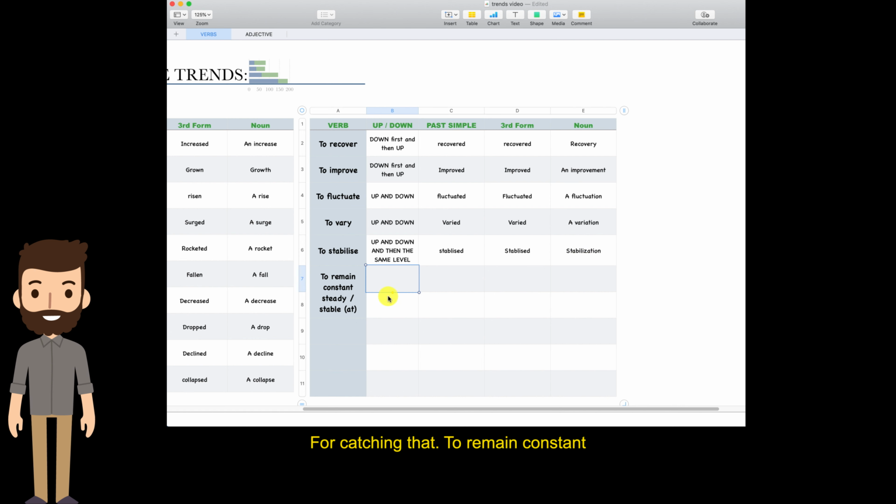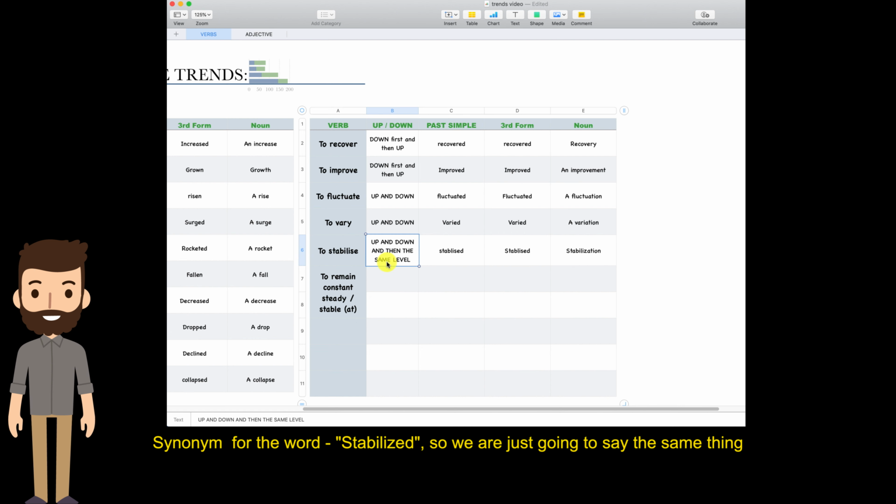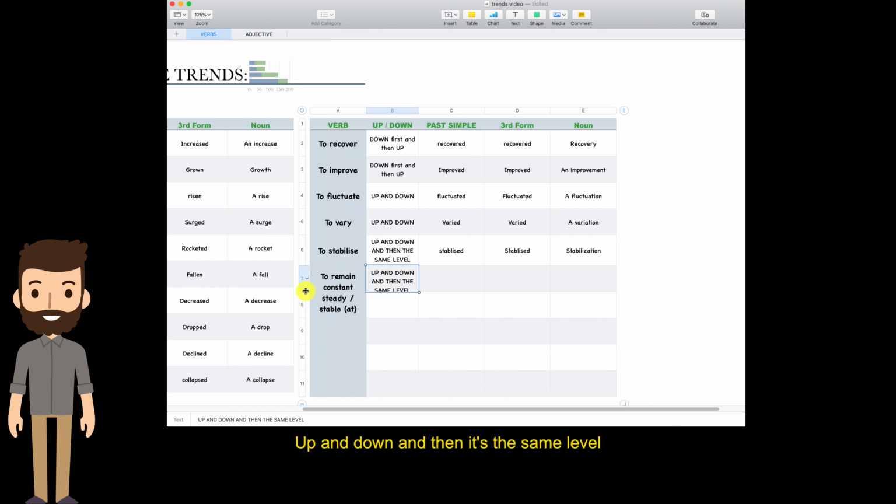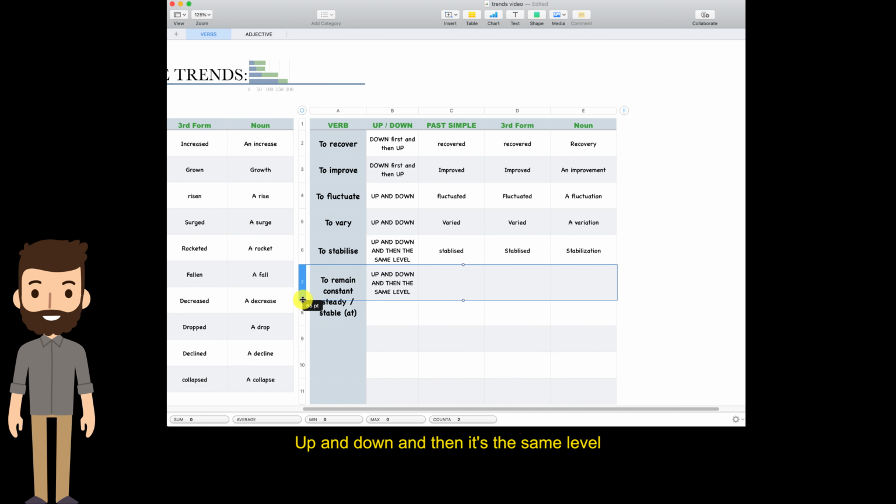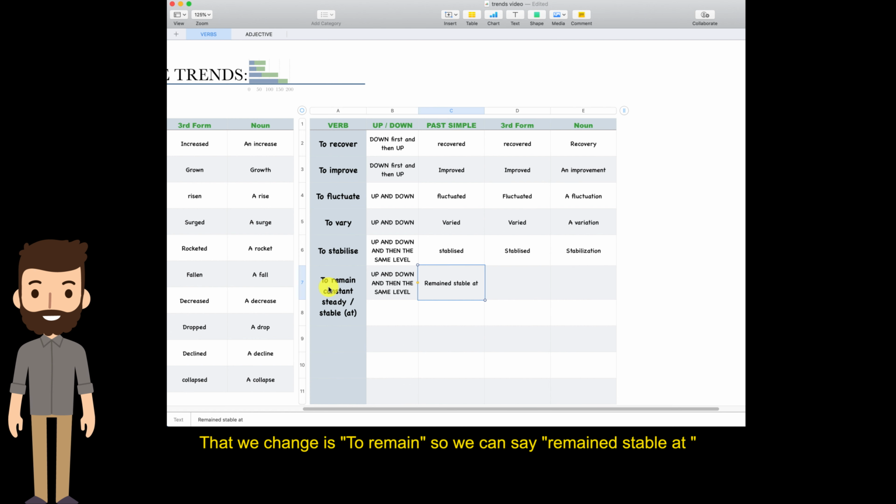To remain constant, steady, or stable is obviously the synonym for the verb stabilize. So we're just going to say the same thing, up and down, and then the same level. Past simple would be remained stable at. The only verb that we change is to remain.